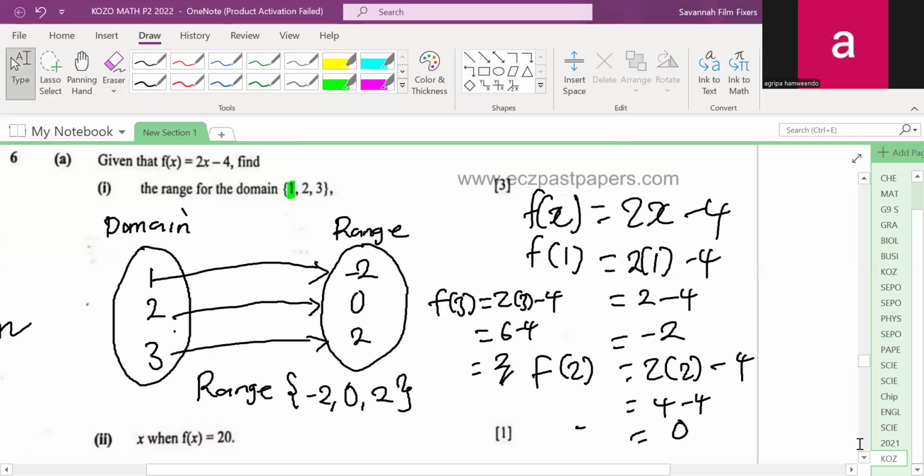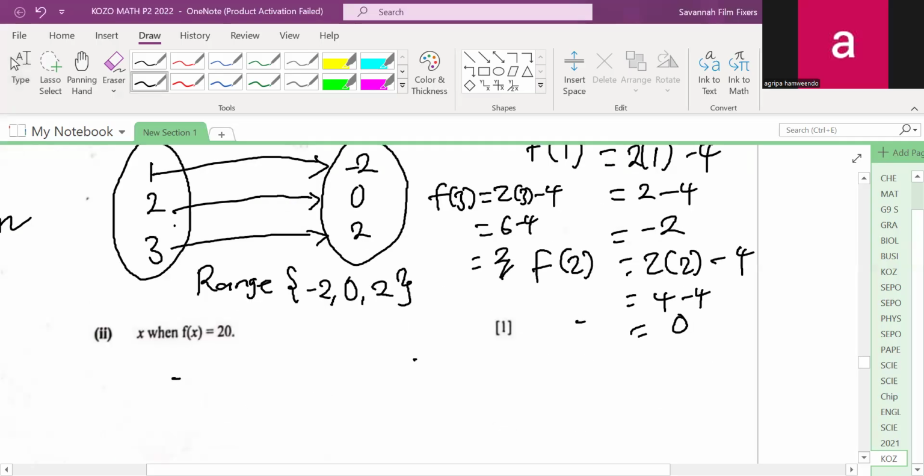Okay. So now the question is very simple. What do you understand by this here? X when f of x is equal to 20. So they are saying f of x is equal to 20. In the equation over there, I'm going to have to replace f of x with 20.